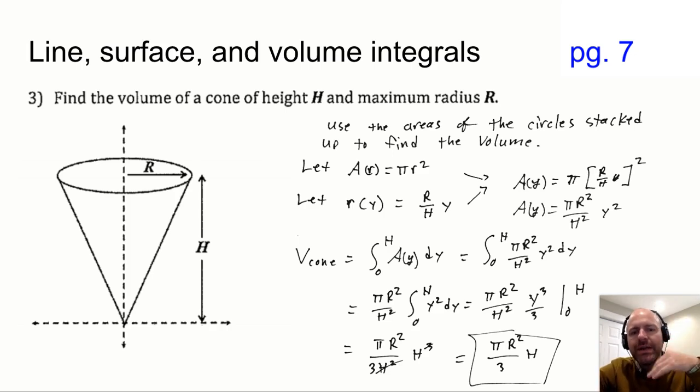When you get to h, you should get R. When you're at y equals 0, you should have 0 for the radius. So we integrate this area with respect to y, which is pi capital R squared over capital H squared times y squared, from the bottom, 0, all the way up to the top, h, and we end up with pi R squared h over 3, which is the volume of a cone.